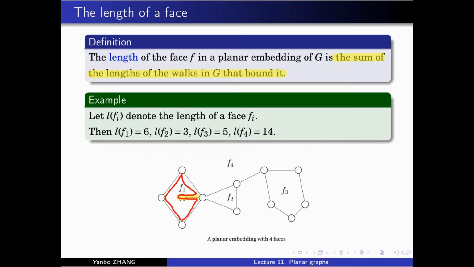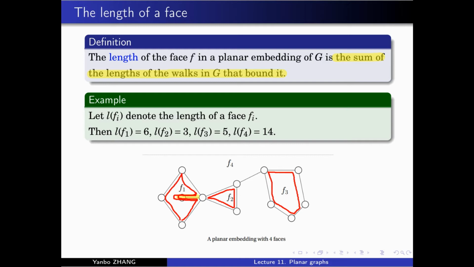As you move around the face, you see both sides of the edge. Every edge has two sides. Both sides should be counted. The length of F2 is 1, 2, 3. The length of F2 is 3. The length of F3 is 1, 2, 3, 4, 5. The length of F3 is 5.